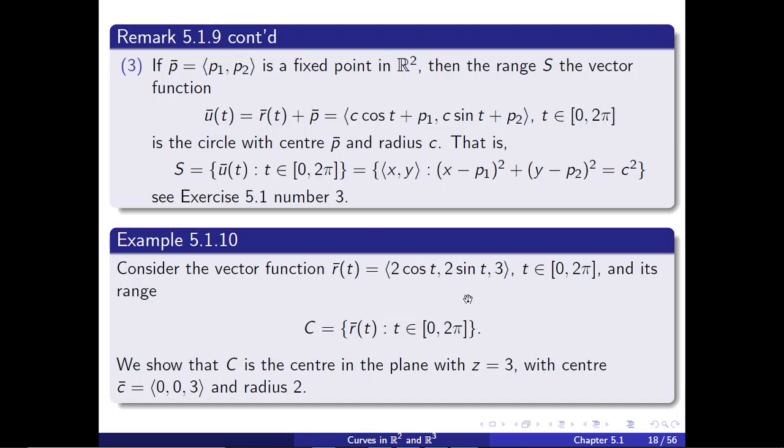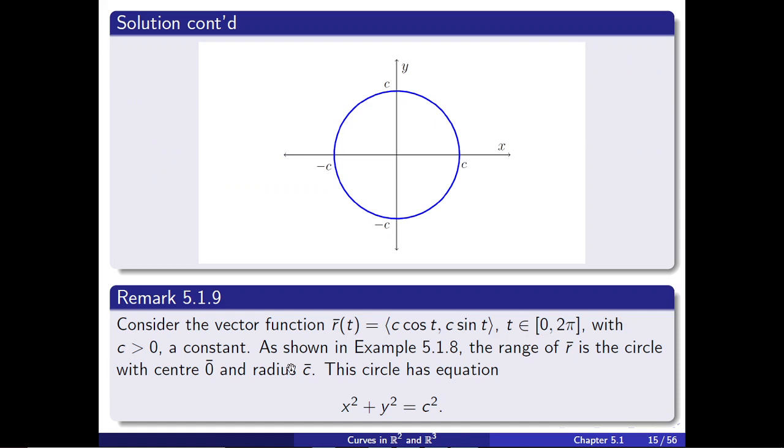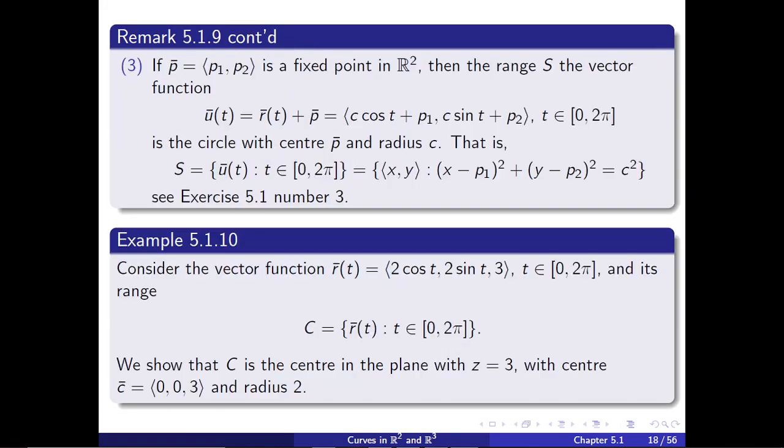Let's go on to another example. When we talked of this one, we were in R2. So we want to see an example in R3 and how that will affect where the circle is situated.